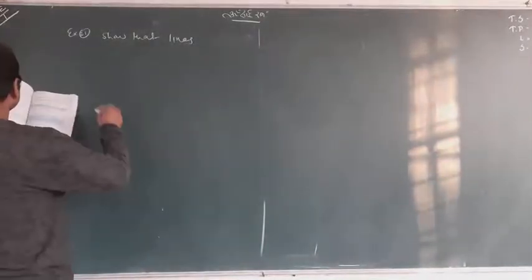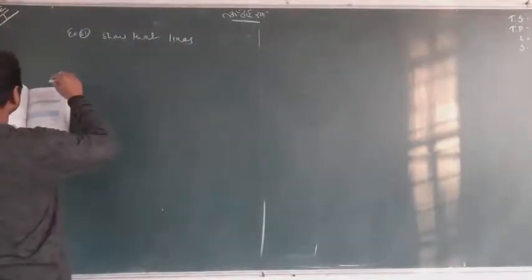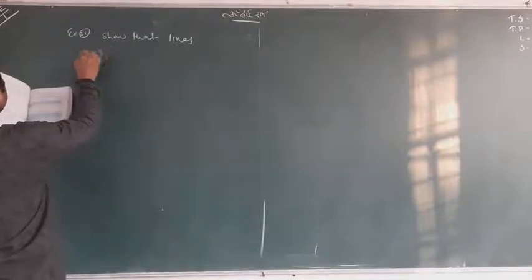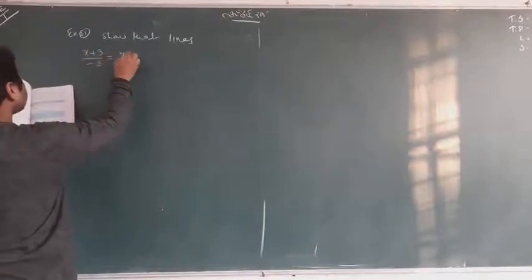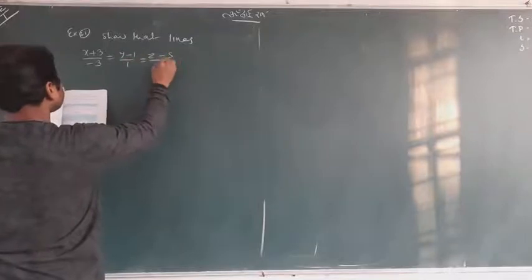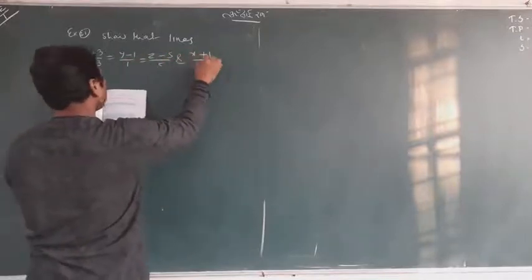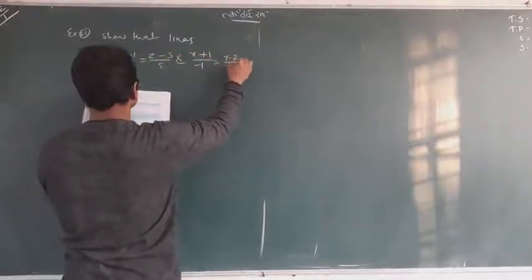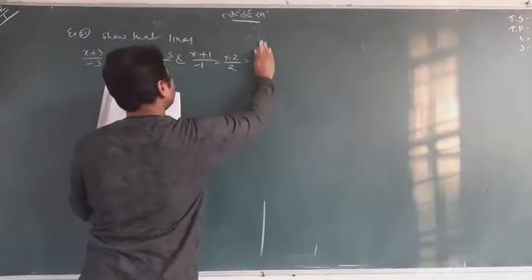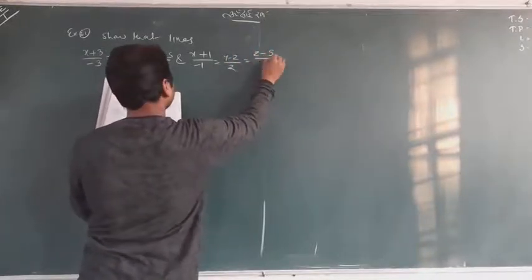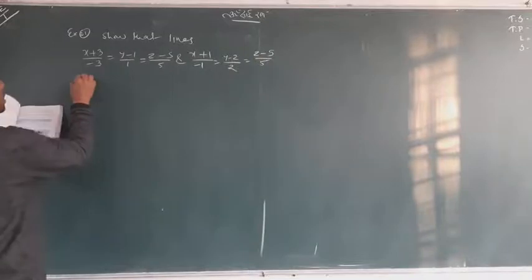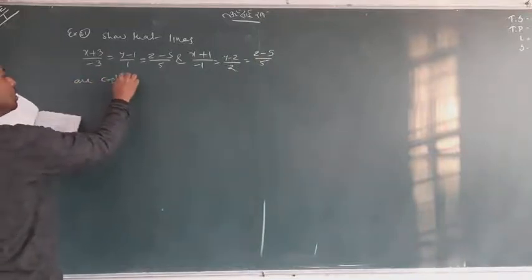Show that the lines (x plus 3)/(minus 3) = (y minus 1)/1 = (z minus 5)/5 and (x plus 1)/(minus 1) = (y minus 2)/2 = (z minus 5)/5 are coplanar. First question.